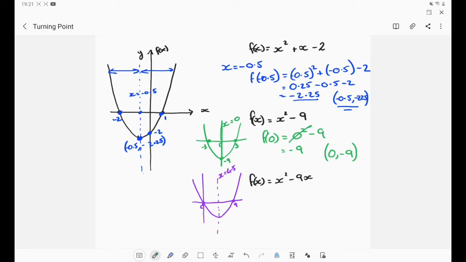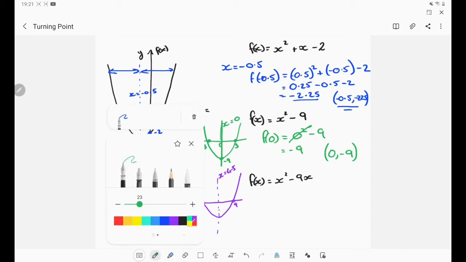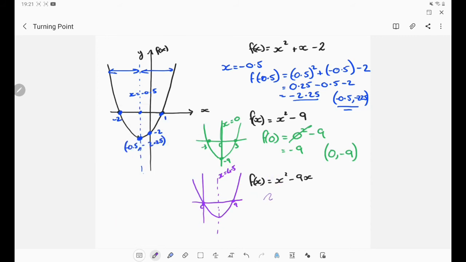Let's look at this last example. This one's got some decimals in it as well that aren't going to be pleasant. So, f of x equals x squared minus 9x. So f of 4.5, because that was our axis of symmetry, that was the middle point for our turning point, equals 4.5 squared, take away 9 times 4.5.